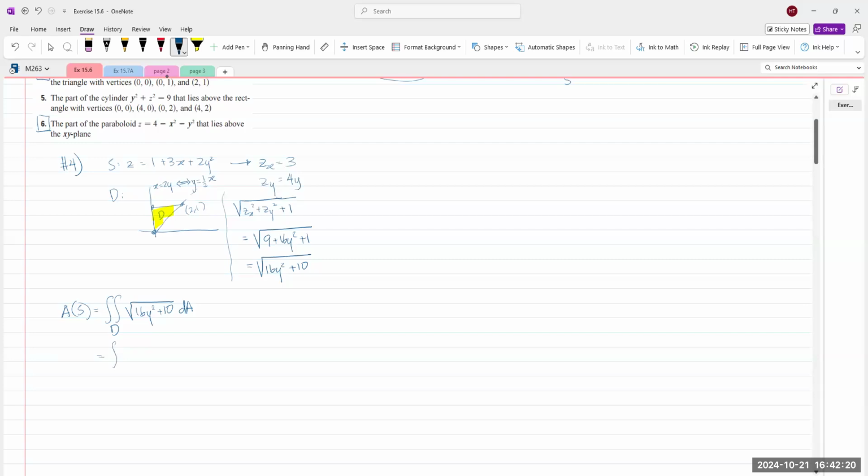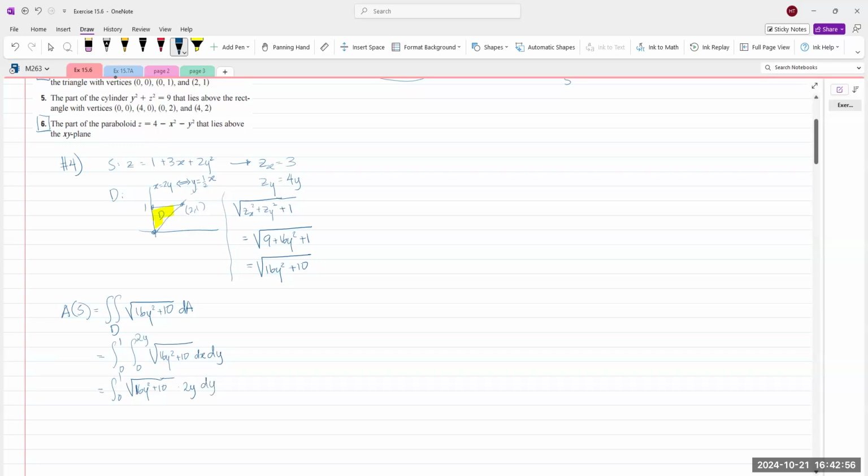So the integral will be from 0 to 1 for dy, and then the integral from 0 to 2y of the square root of 16y squared plus 10 dx. Now notice that the integrand is independent of x, so that will be just the length of the interval. Integral from 0 to 1 of the square root of 16y squared plus 10, times 2y dy.